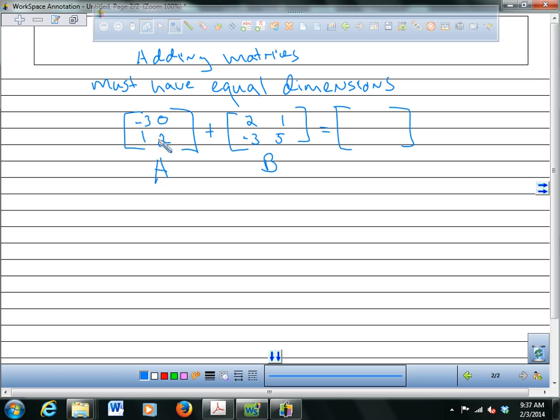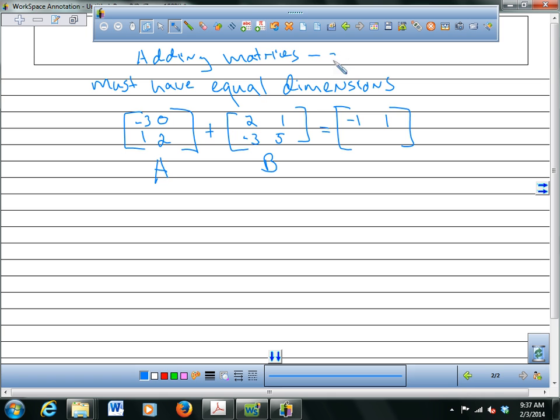All you have to do is add up the corresponding elements, meaning the ones that are in the same row and column.